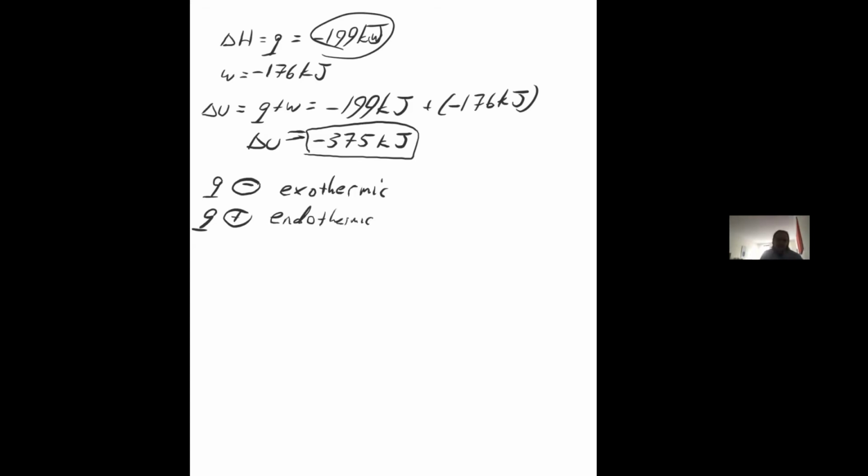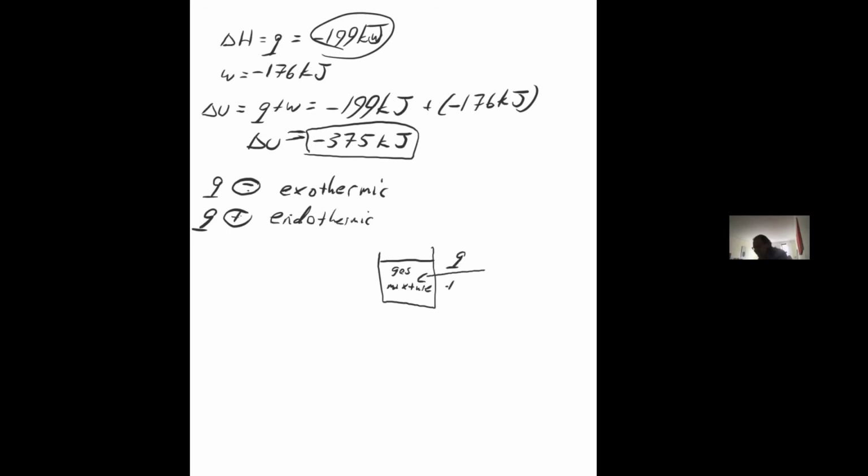The calculations that we do in a chemistry course are generally from the perspective of the system. So that's why exo is negative and endo is positive. You've got this gas mixture, and if heat is going into the gas mixture, that's positive.